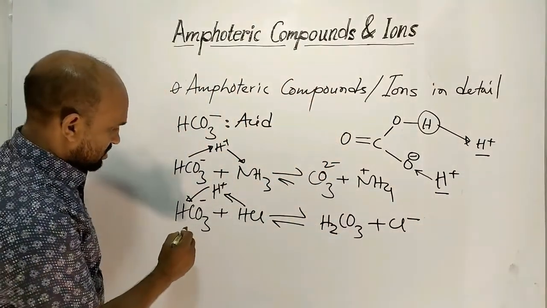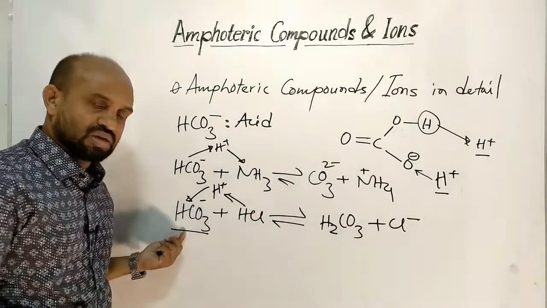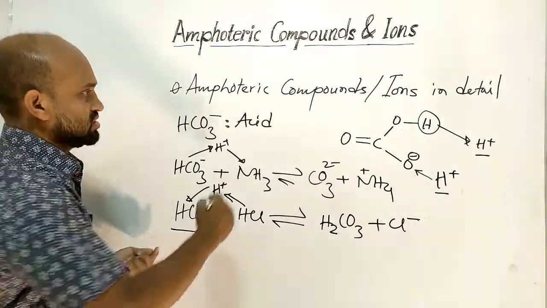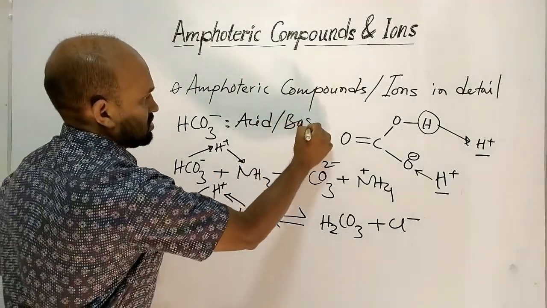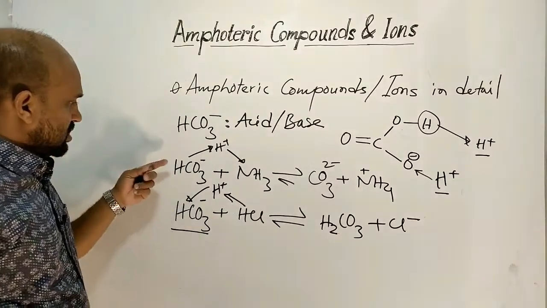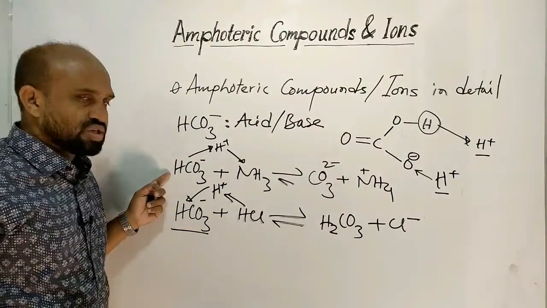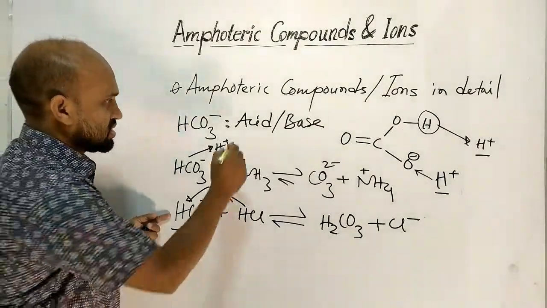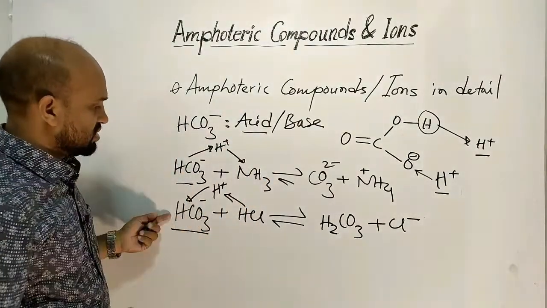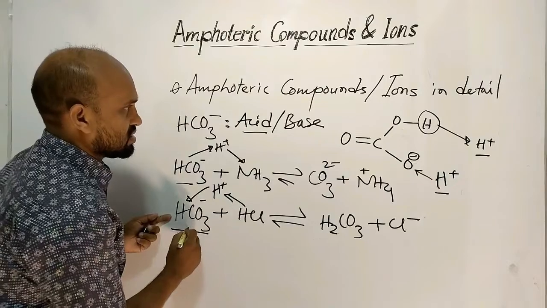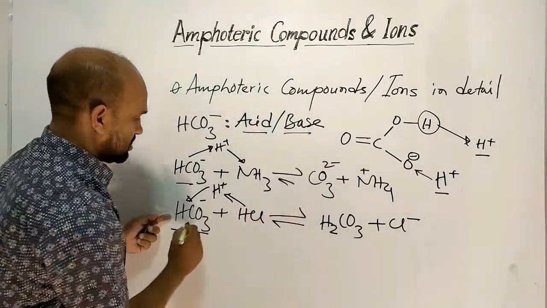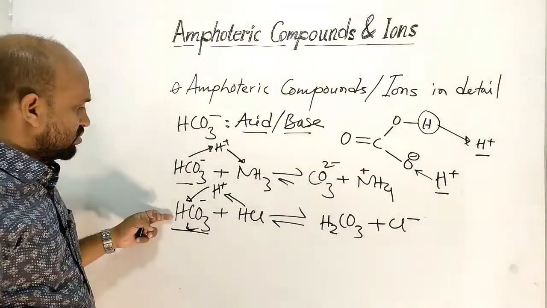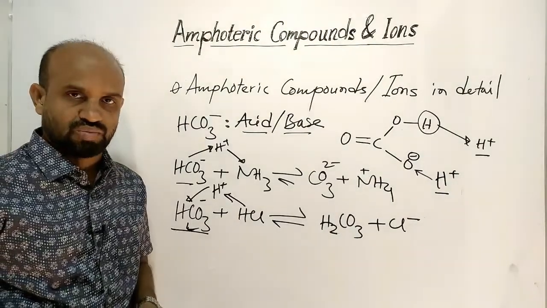So in this reaction, bicarbonate ion acts as base. From these two reactions, we can say that bicarbonate ion can act as acid in the first reaction and as base in the second reaction. So bicarbonate ion is a kind of amphoteric compound.